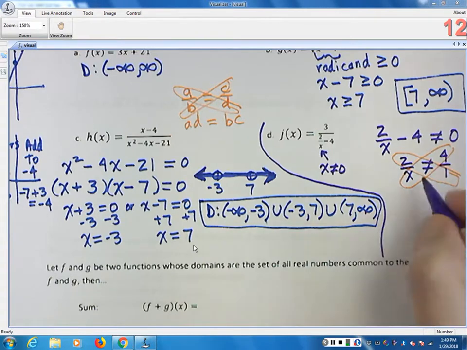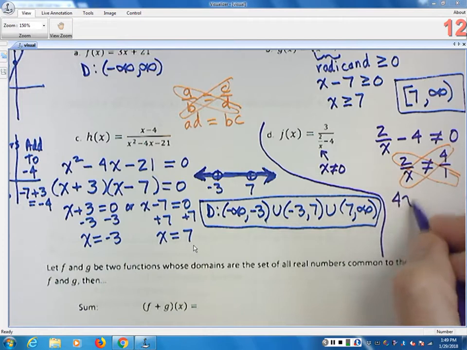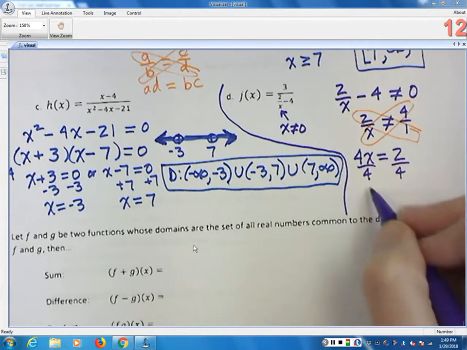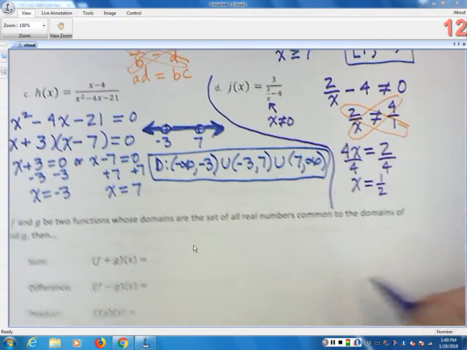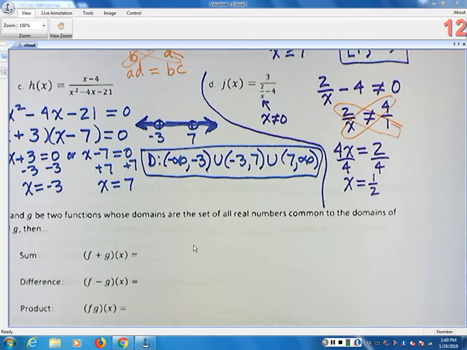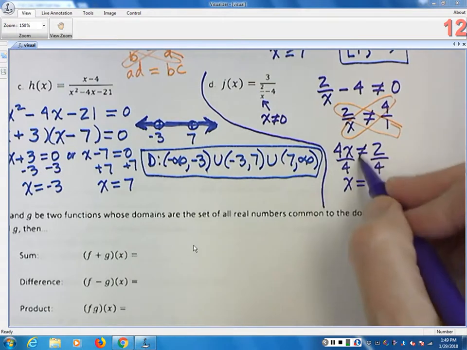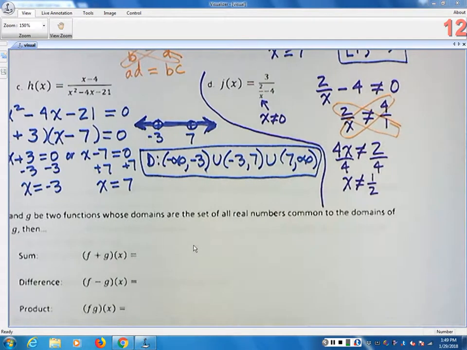So we get, I'm going to do the 4x first. 4x equals 2. And then we're going to divide by 4. So x is a half. So we're going to exclude a half and 0. So x can't be.